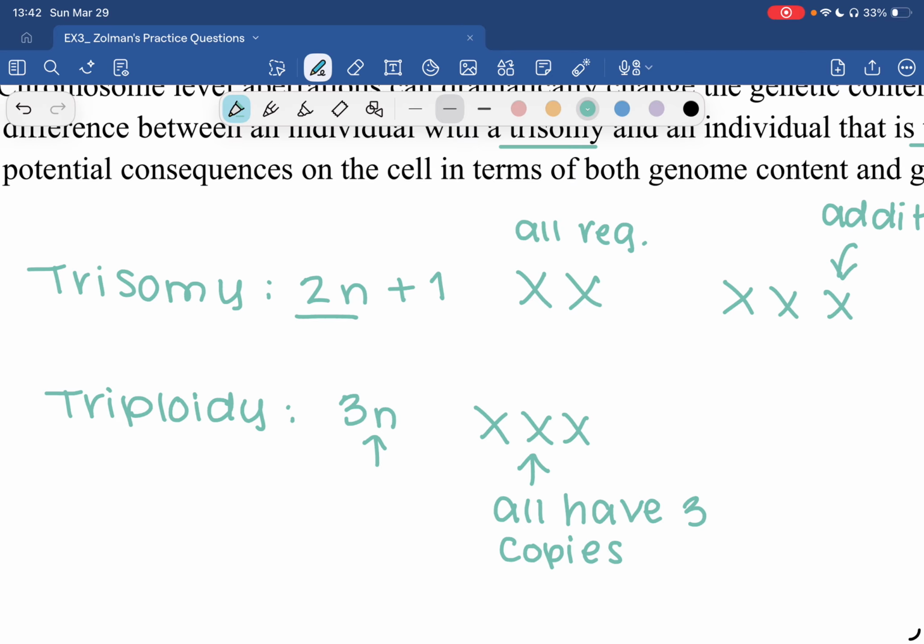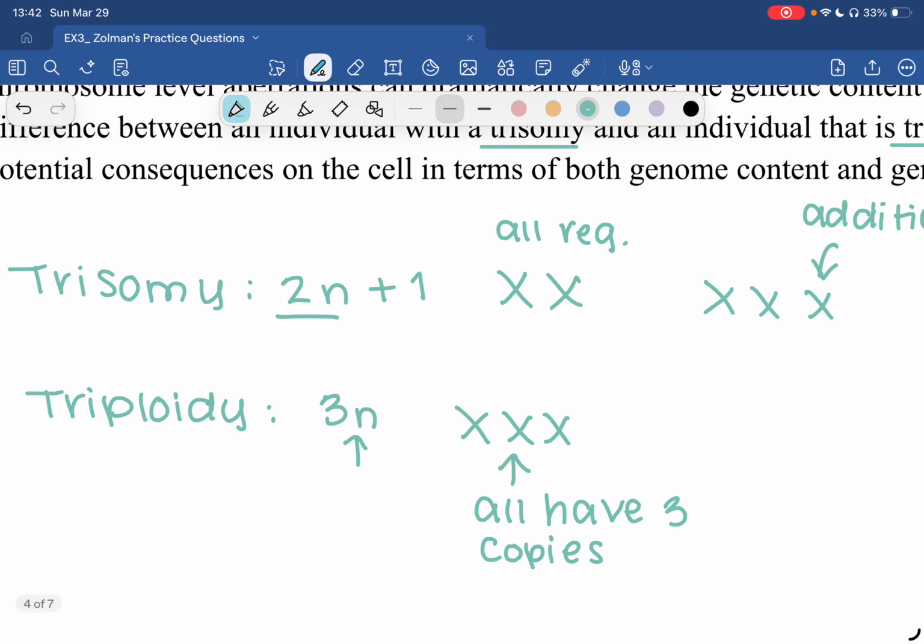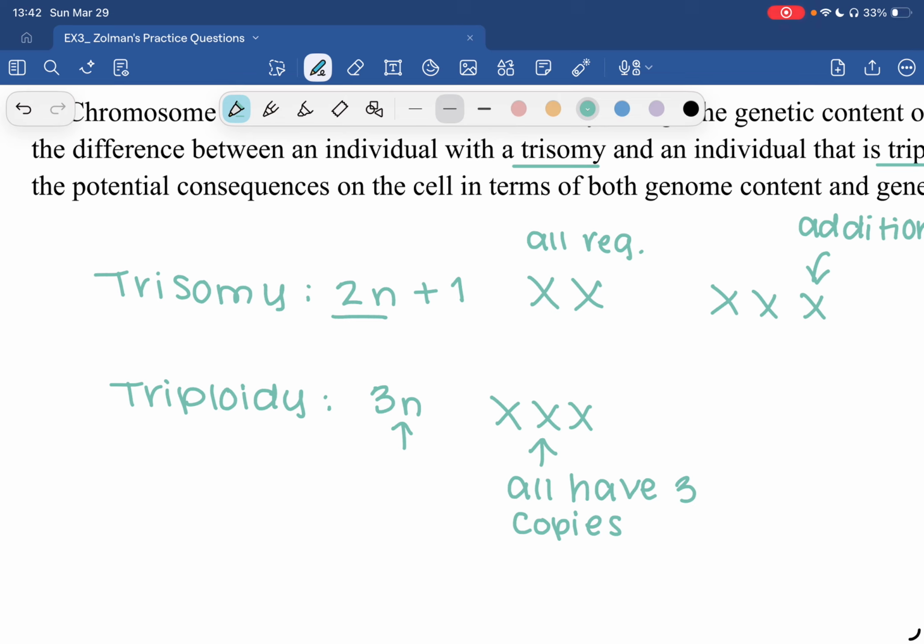So again, in trisomy, there would be expression only on the chromosome that's being affected. So for an example of trisomy 21, you'd have 3 copies of the 21st chromosome being expressed.